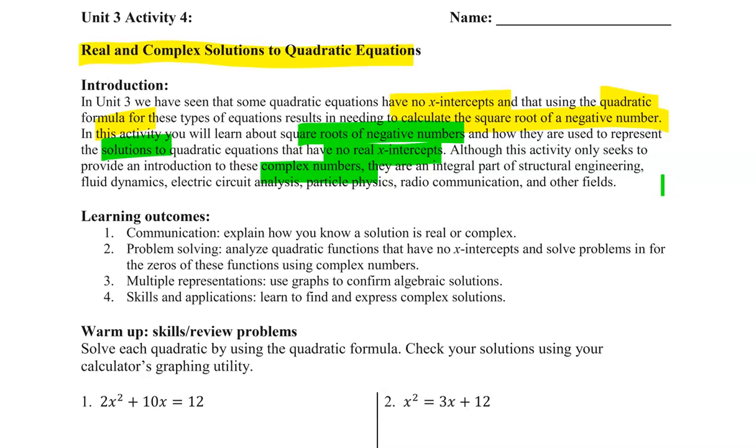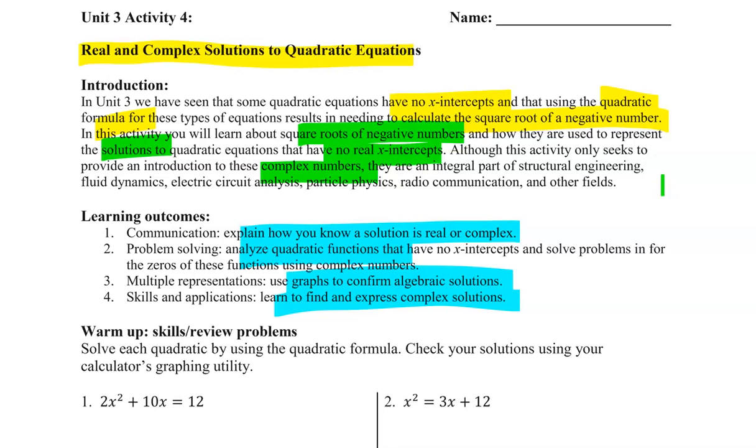Some learning outcomes: you'll be able to explain how you know a solution is in real or complex numbers, analyze quadratic functions that have no x-intercepts, and solve problems for the zeros of these functions using complex numbers. Also use graphs to confirm algebraic solutions, and learn to find and express complex solutions.